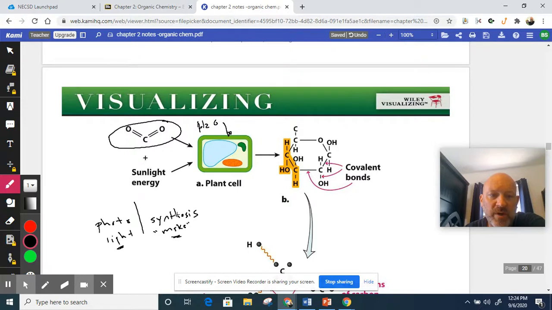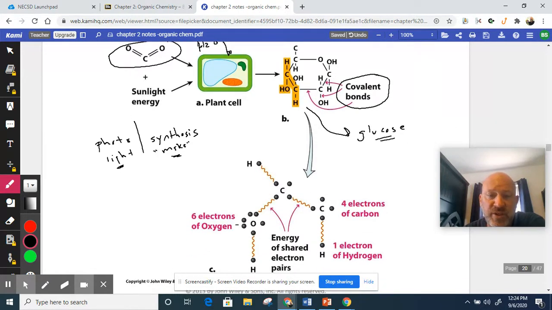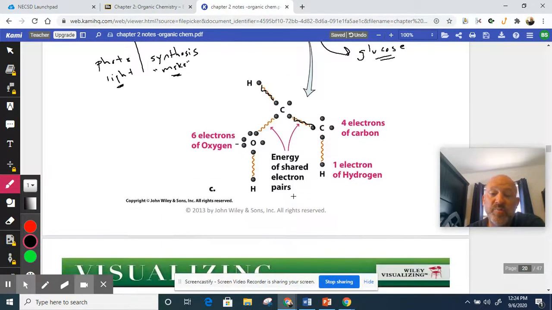So water and carbon dioxide combined with sunlight allow this plant cell in the chloroplast to put these atoms together using covalent bonds, making a molecule of glucose. Glucose is a food nutrient. When we produce these covalent bonds, there's energy stored in these bonds, and the energy can be released when those bonds are broken.